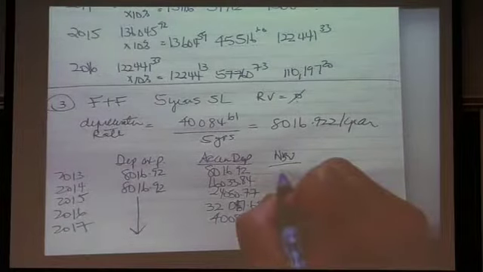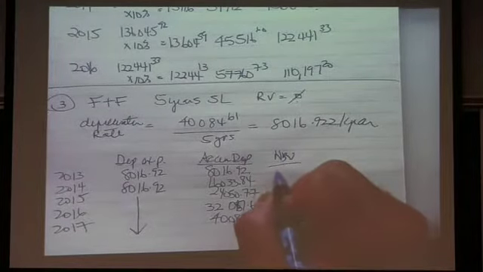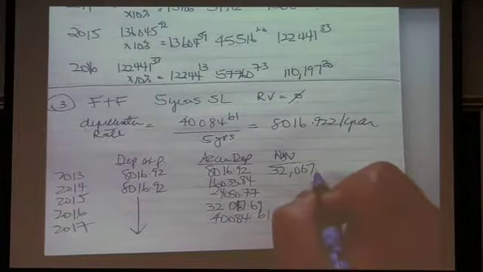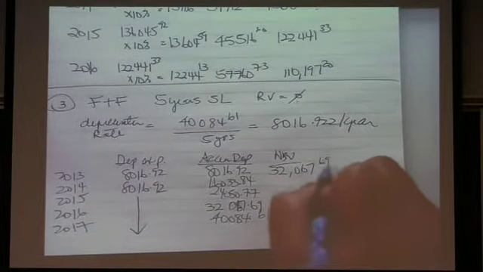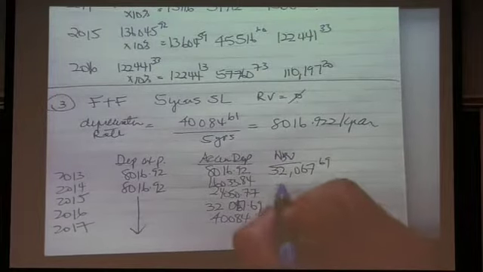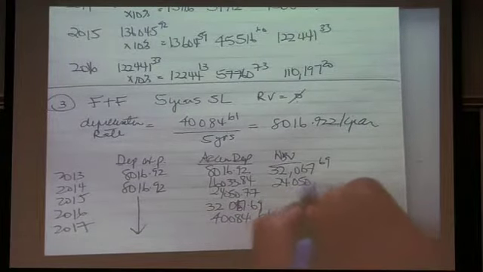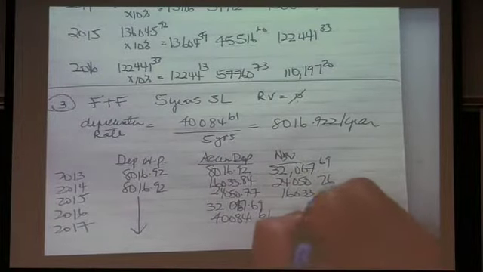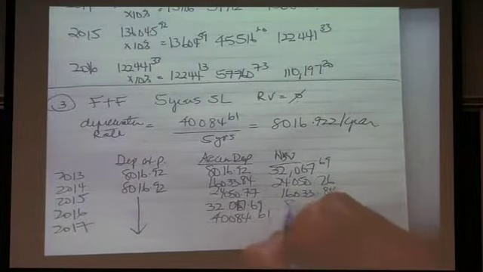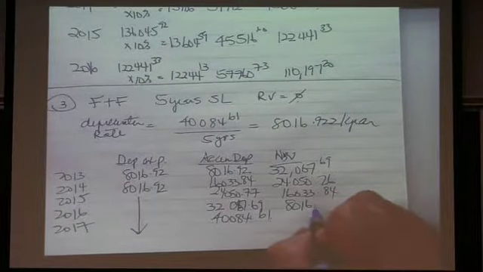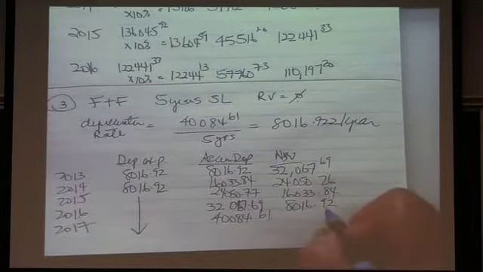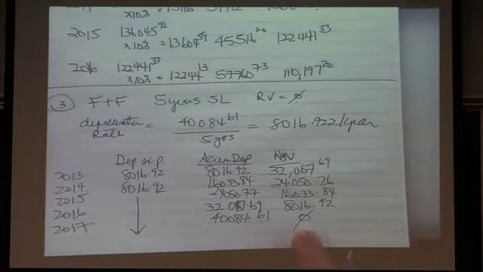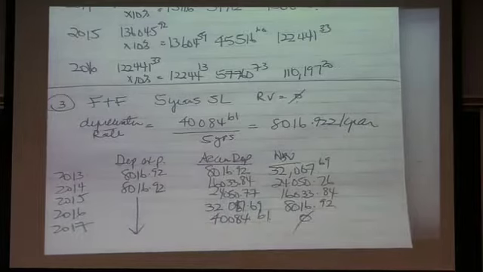And net book value, this will be 32. So we know at the end of 5 years, the net book value should be 0 because there was no residual value.